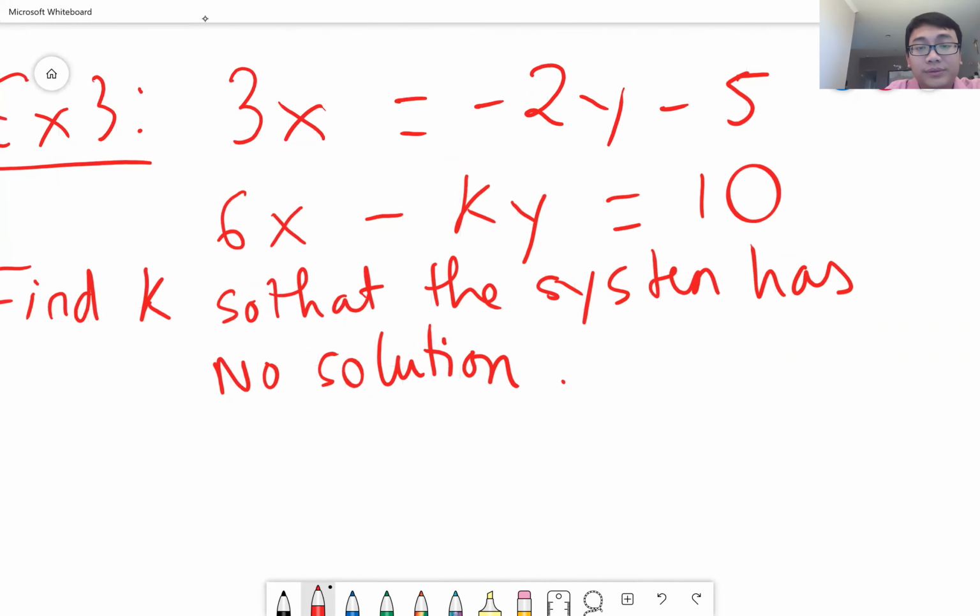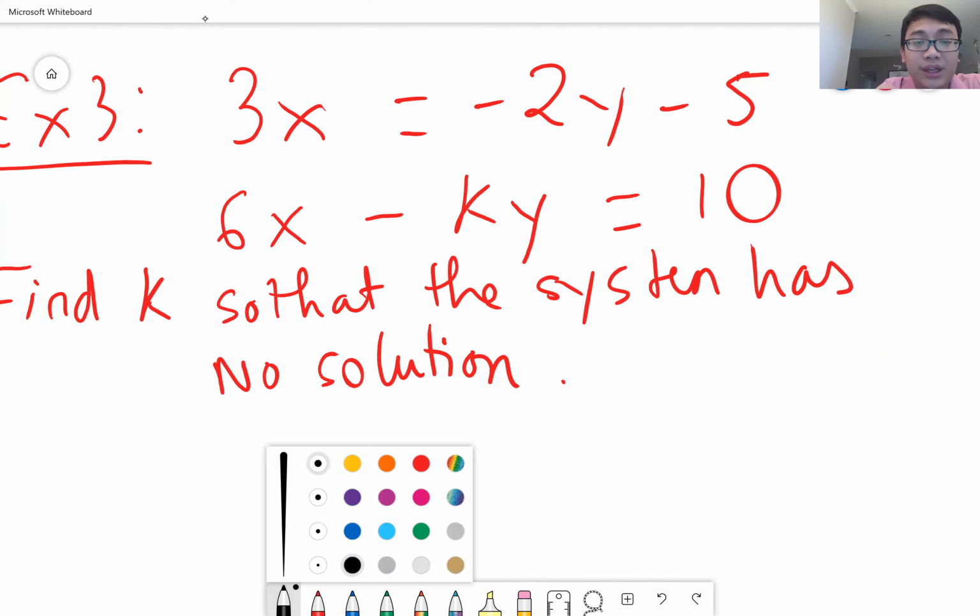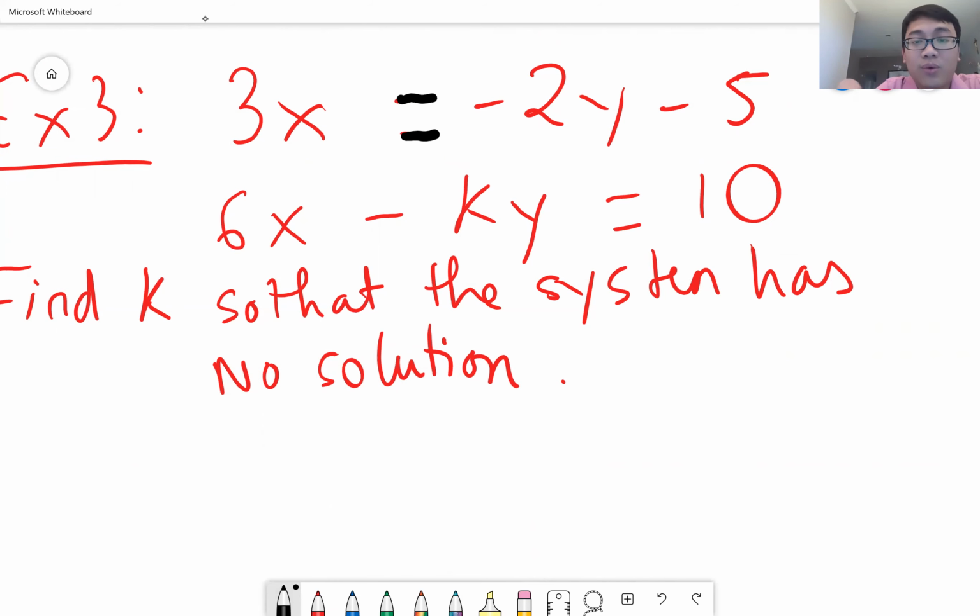Okay, how do you do this? Now, in order to use the method I showed you, remember we have to set up the numbers in front of x and y. But notice here, the equal sign is right here, the y is over here, the x is over here. So what you need to do first is move the y to the left side. So 3x, and you want to move the y to the same side as the x.